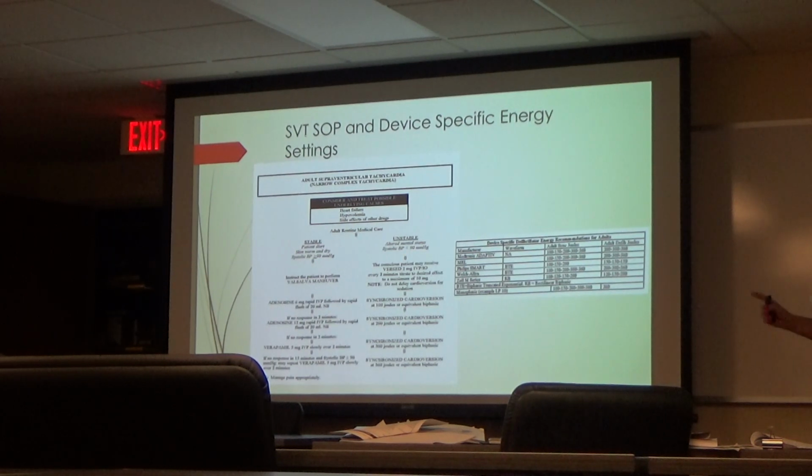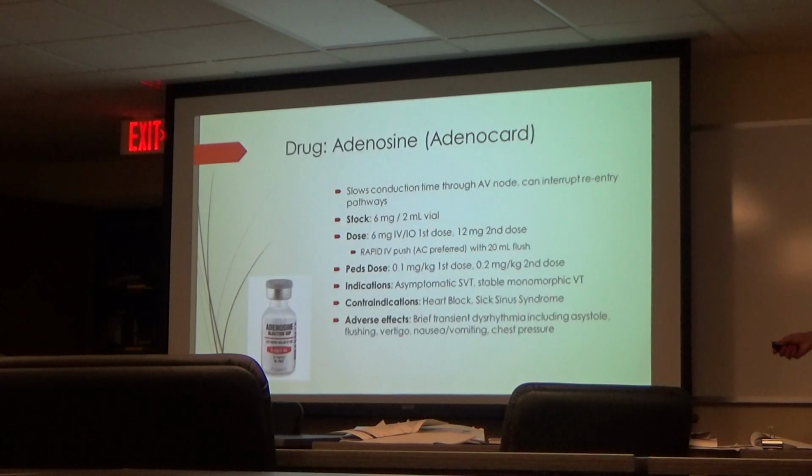So the first drug we're going to go ahead and use is adenosine. Now, adenosine slows the conduction down through that AV node. That's its purpose. Adenosine slows it down, whereas atropine speeds it up. We actually will only give 2 doses of adenosine.